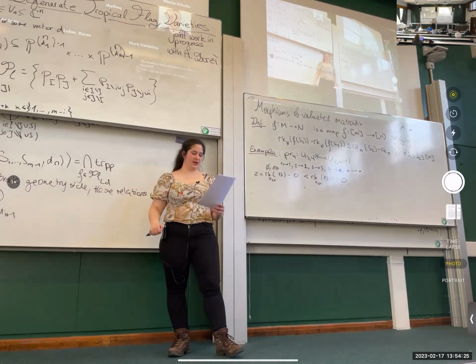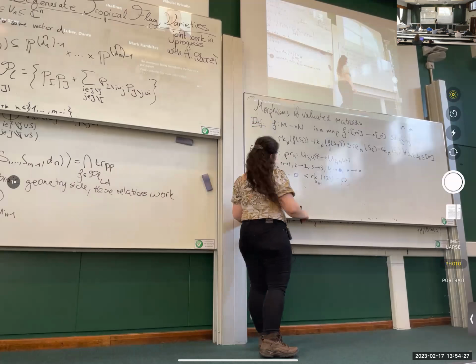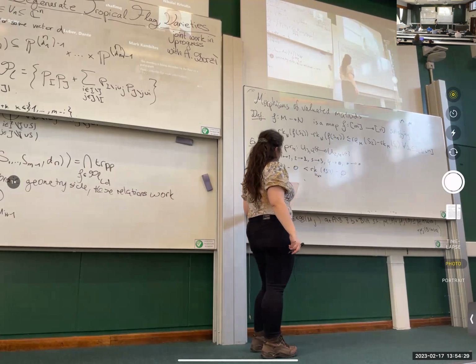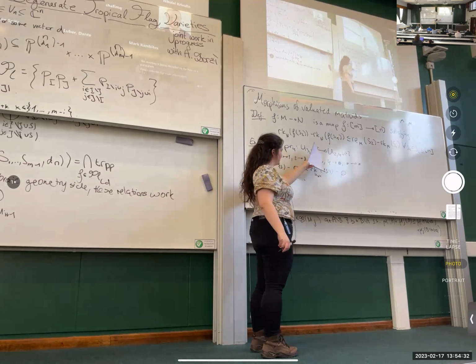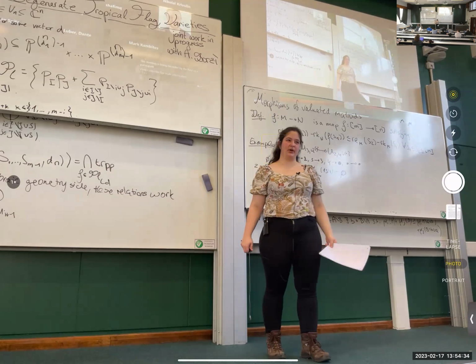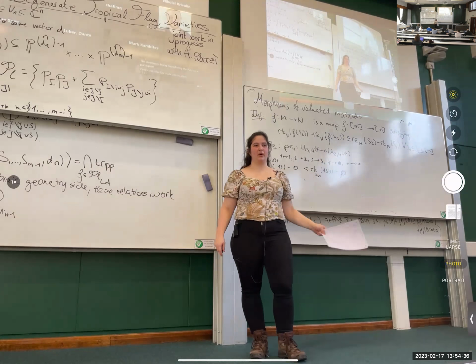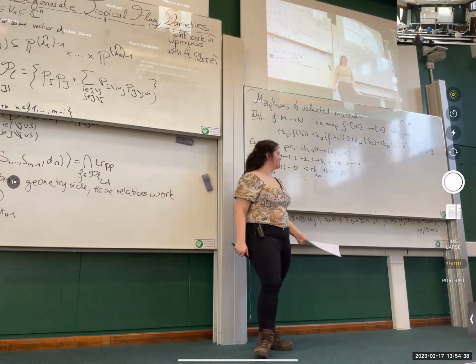One maybe remark about morphisms of matroids is they work pretty well for sending something from a higher rank matroid into a lower rank matroid, but they don't work at all if you want to send something from a lower rank matroid into a higher rank matroid.